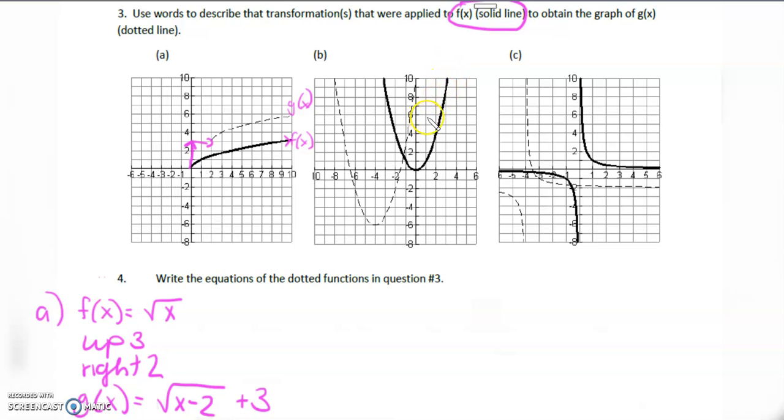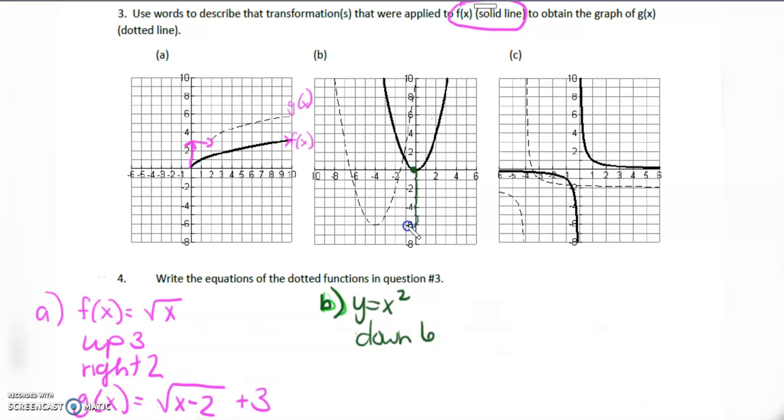Let's go from the solid to the dotted. This is the parabola, y equals x squared. For this parabola, we're going to use the vertex as the reference point. 1, 2, 3, 4, 5, 6, down 6. So we'll write down 6.